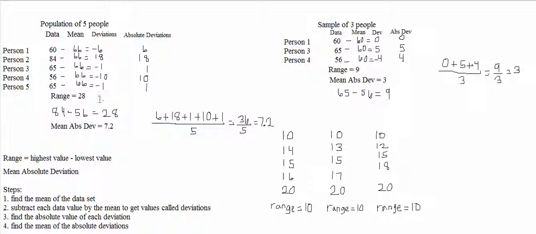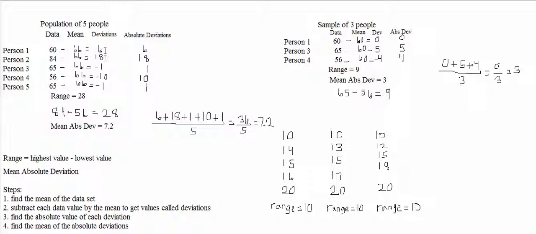So the formula ends up at a dead end, and you don't want that to happen, so what you do is you find the absolute values of the deviations, which makes all the numbers positive, and then the numbers don't add up to 0. Which means since these numbers don't add up to 0, you can find the mean of these numbers, even though you can't find the mean of these numbers over here, since they add up to 0.